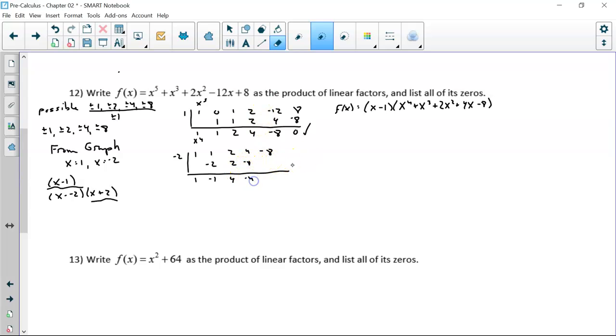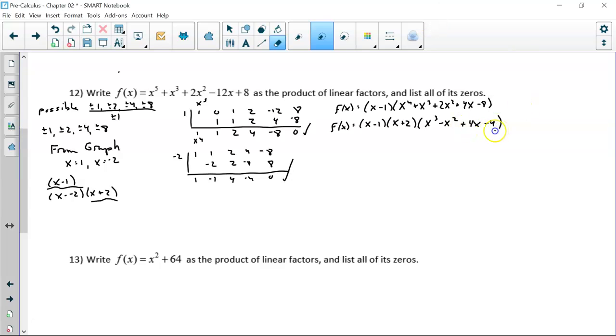We get a negative 4. We get a positive 8, and a remainder of 0. That's good. So f of x equals, we have our factors. We have the x minus 1. Now we have the x plus 2. And next, we have the x cubed minus x squared plus 4x minus 4.